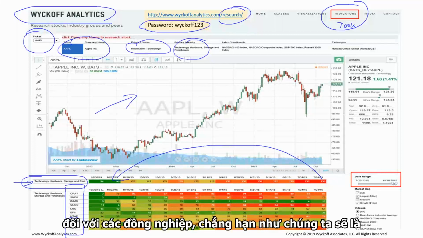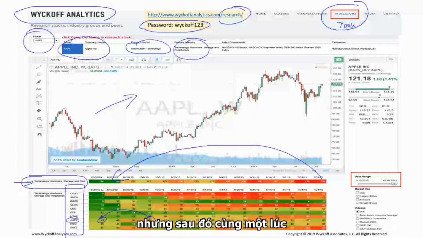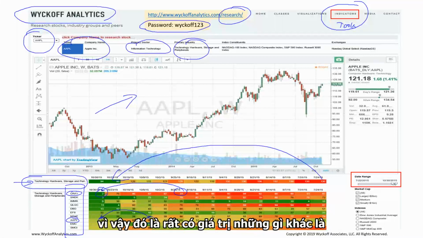So for instance, we would be looking at Apple has a rotation from 68 to 41, but then at the same time, Cray has a much larger rotation, where from 91 in 5 weeks, we are getting to the top two in the group. So that is so valuable.